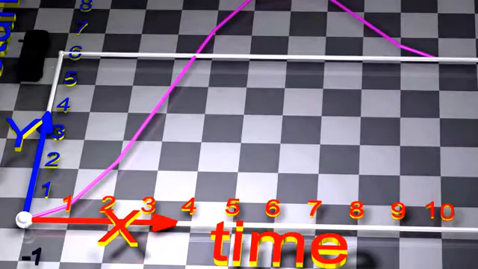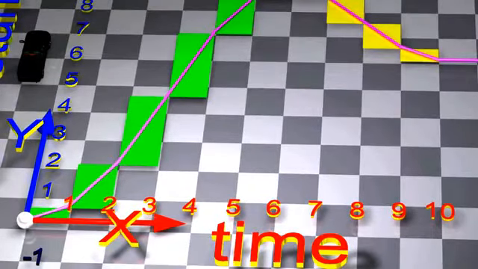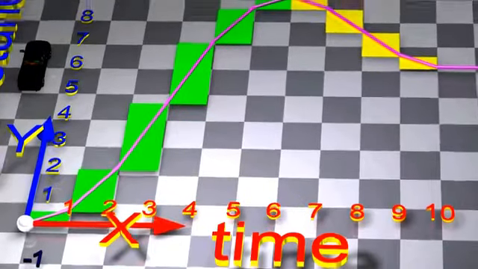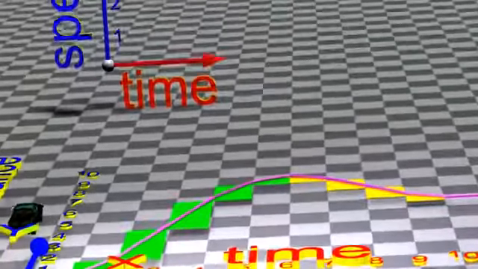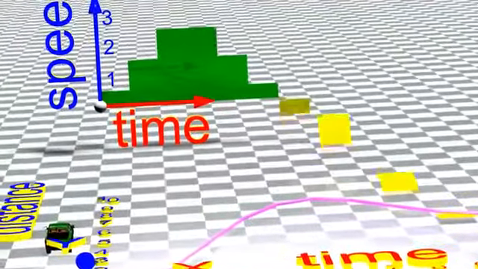Again, the speed can be represented by a group of rectangles. This graph shows that the speed is no longer constant. Every moment in time now consists of a different speed.